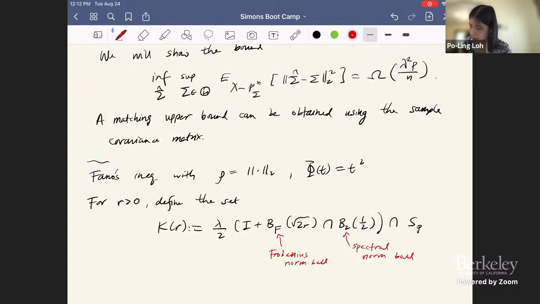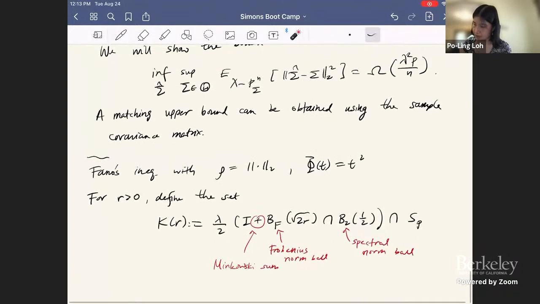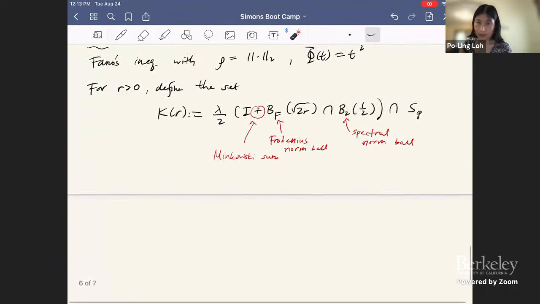This sum is the Minkowski sum, which just means we're taking an element with Frobenius norm bounded by sqrt(2r), spectral norm bounded by 1/2. We add an I to it, make sure that this is PSD, and rescale it by lambda over 2.